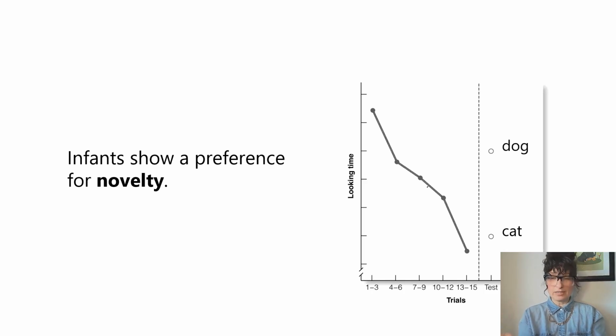But if they recognize that the dog is a unique or new stimulus that is not part of the previous category, they will look at it longer. They'll treat it as something new. If infants do not understand that cats and dogs are different, then when you show them the dog, they'll also be like, yeah, cool, I've seen that before. So you can use this to really easily tell whether or not cats and dogs are different for babies.